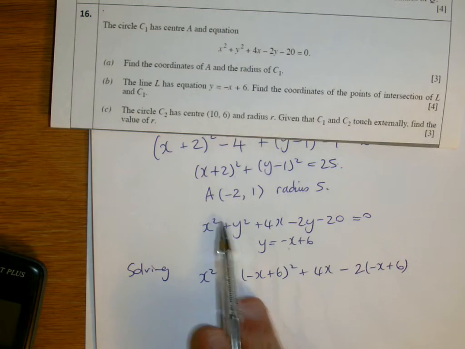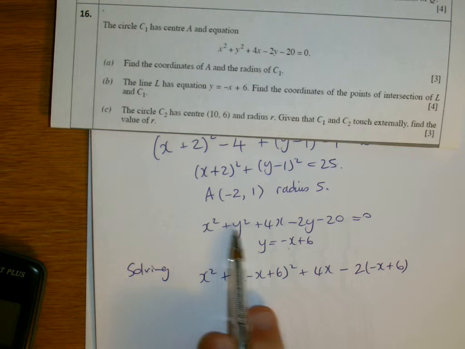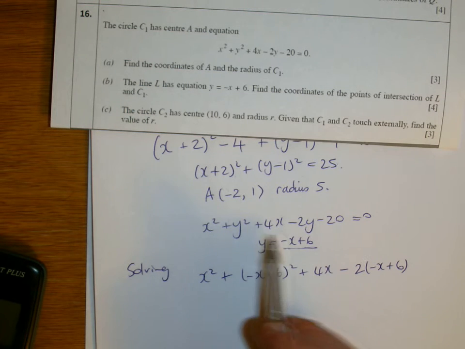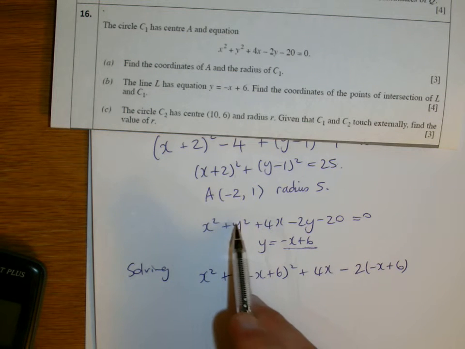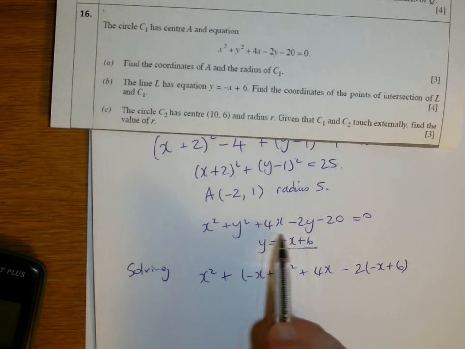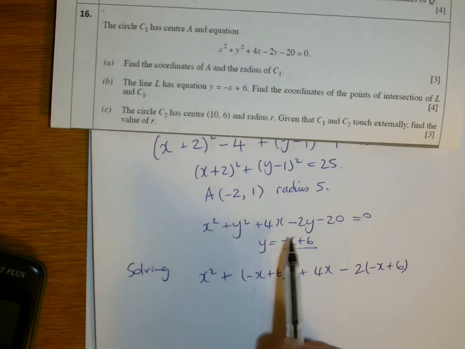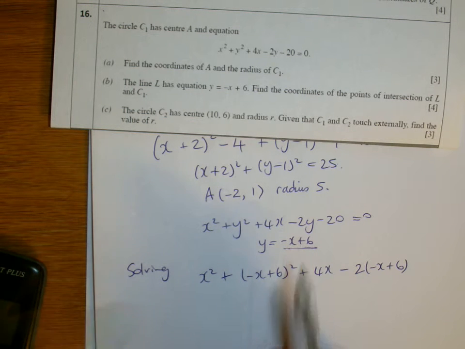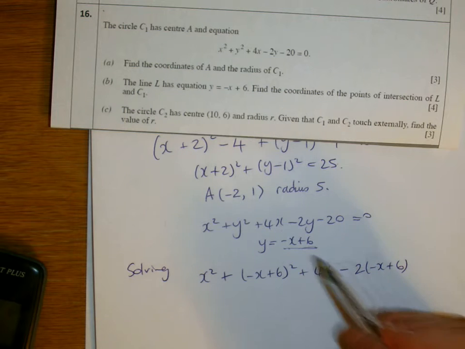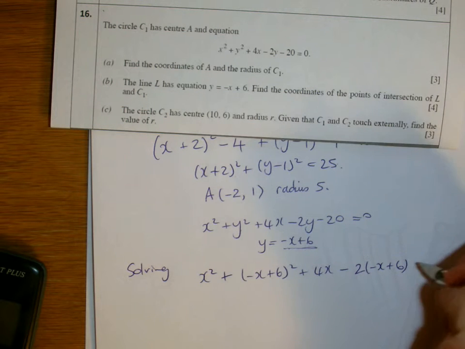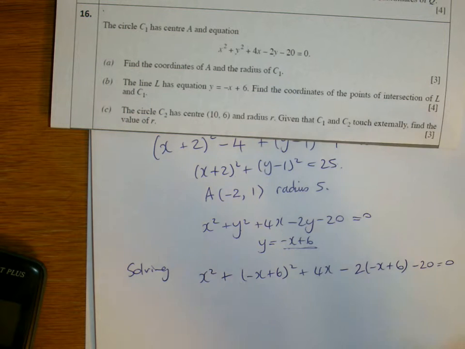All I'm doing is looking at that circle and substituting in what y is in terms of the line. y will equal minus x plus 6 where it intersects with the line, because that's what it will equal at that point. So I sub in y there and there, and then of course I've got minus 20 equals 0 at the end.